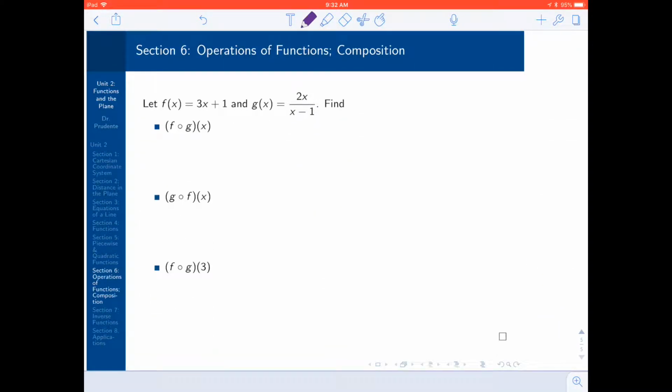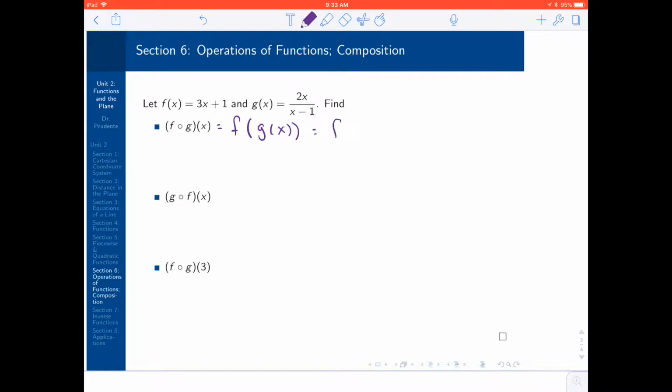So, let's look at a quick example of that. If I have f of x being 3x plus 1 and g of x being 2x divided by x minus 1, I want to look at f composed with g. We said f composed with g is quite literally f of g of x.